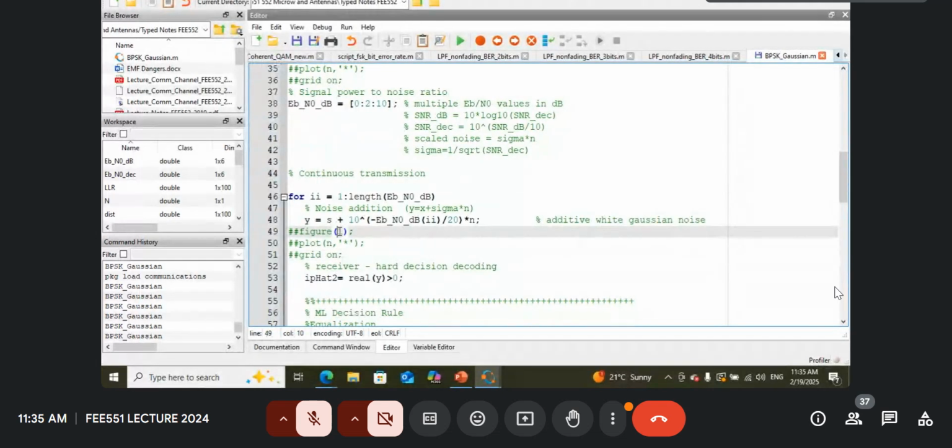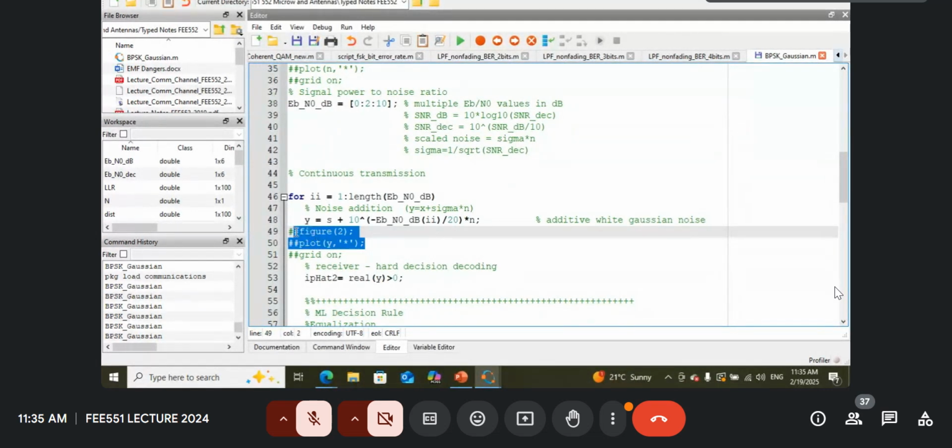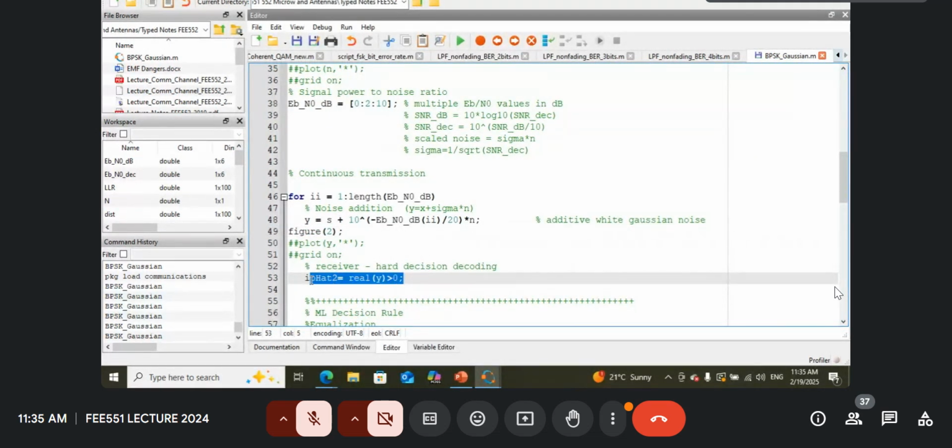We can have another figure too. Here we are interested in Y. You have received Y. For hard decision decoding here, you check the real value of Y. If it is more than 0, you conclude that the symbol transmitted was a 1.